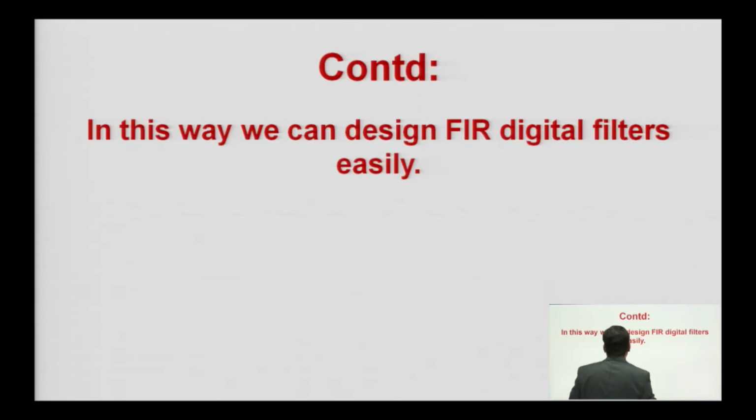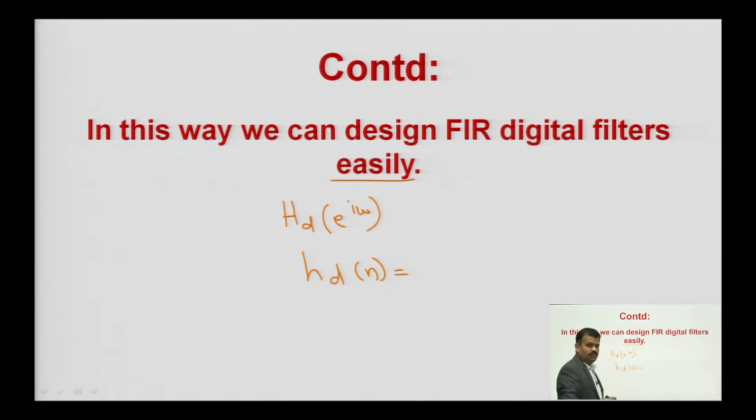So, in this way we can design FIR digital filters easily. It is clear to everybody that your H d E j omega generally is given in the question. From this you have to calculate H d n by using the inverse Fourier transform formula.